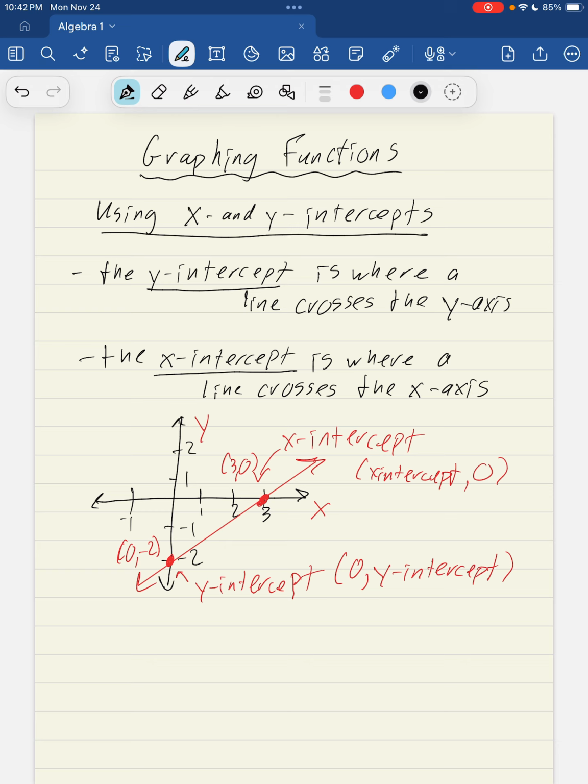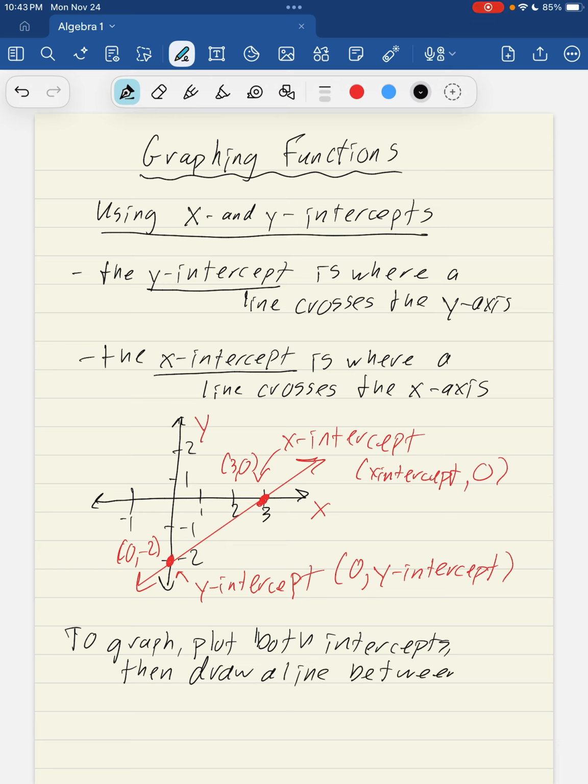Anyway, how do we graph using this information? To graph, you plot both of the intercepts and then draw a line between the two points.